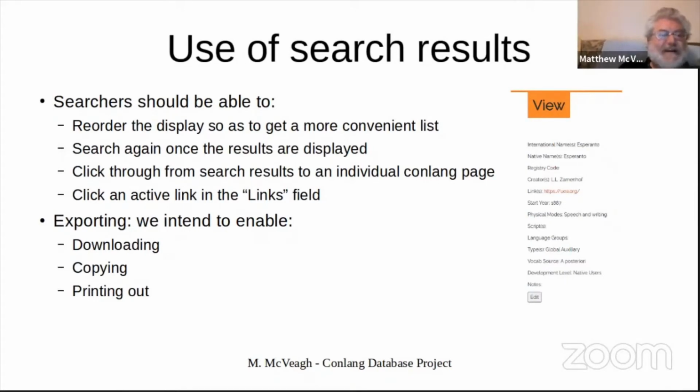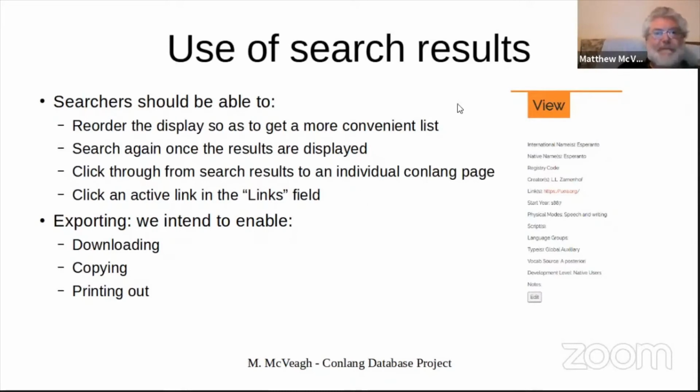You should be able to search again. Maybe you want to refine the search. You should be able to click through from any individual conlang entry to a page purely about that one conlang. It will simply list the details vertically, and there's an example of that on the right, a particularly well-known conlang there. And you should be able to click the link in the links field and go straight through to the conlang's own pages.